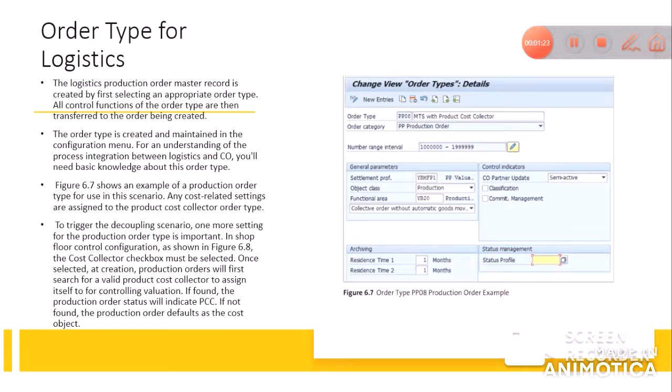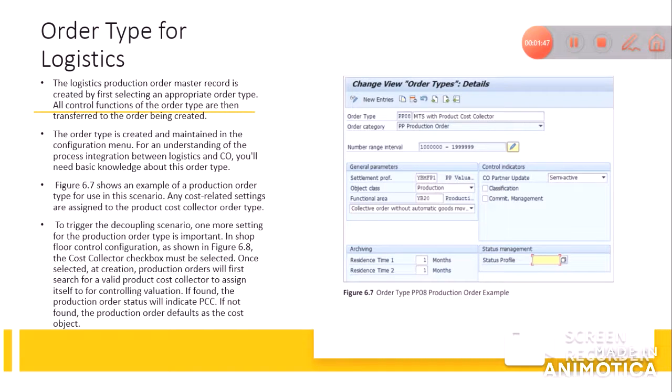For an understanding of the process integration between logistics and CO, we will need basic knowledge about this order type. If we see the figure, it shows an example of a production order type used in this scenario. Any cost related settings are assigned to the product cost collector order type.